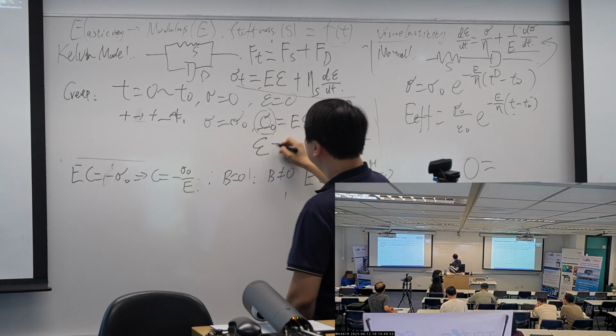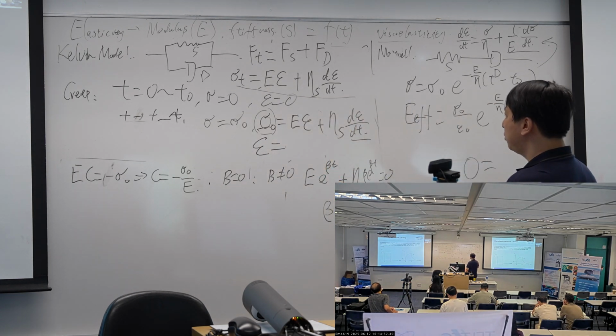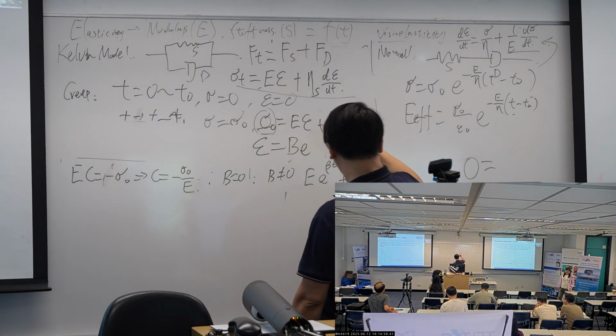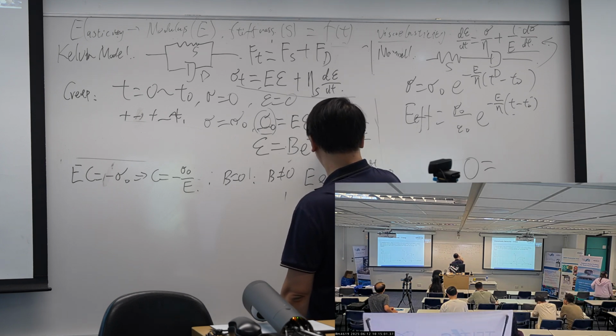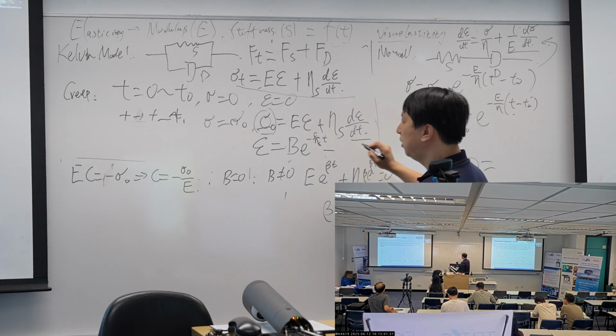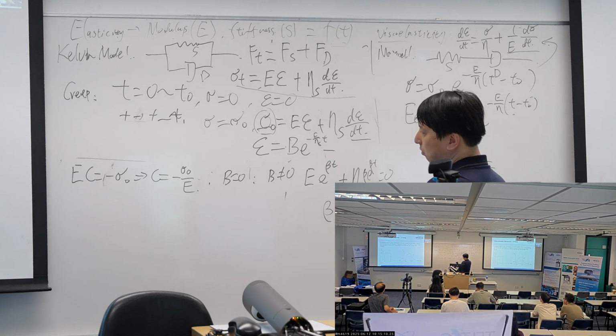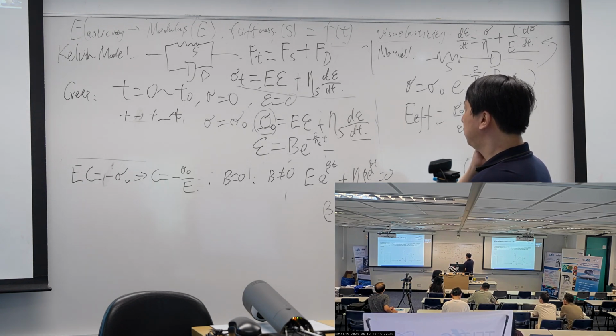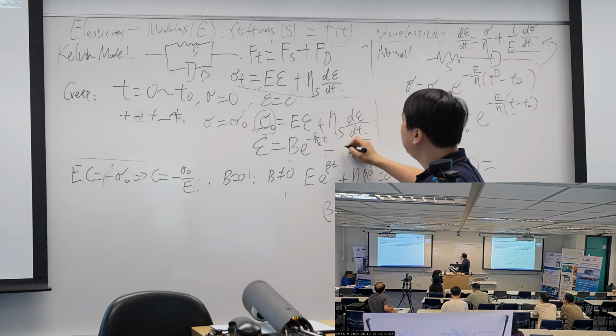My epsilon equals B e to the negative E over eta s T, and it should divide... Minus.